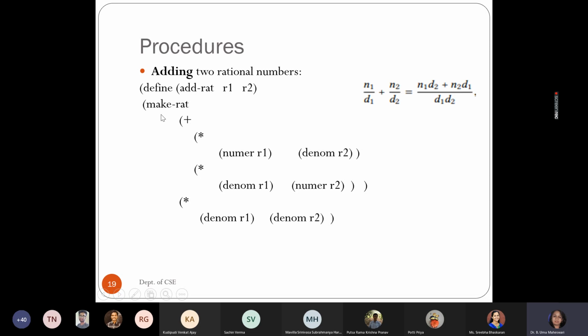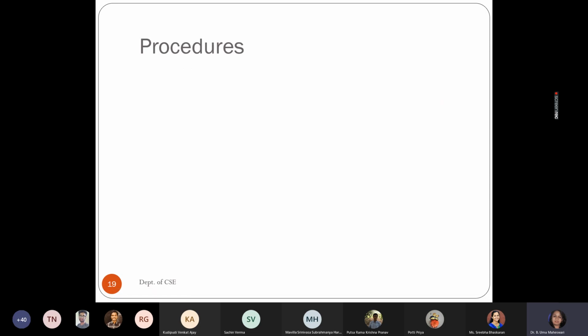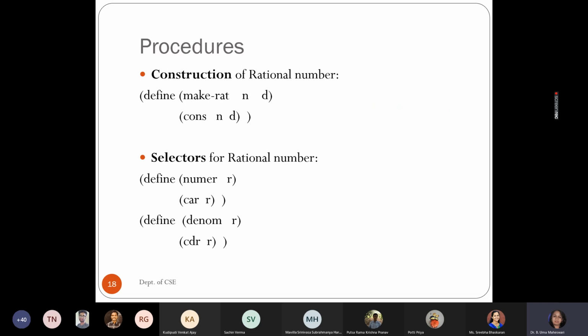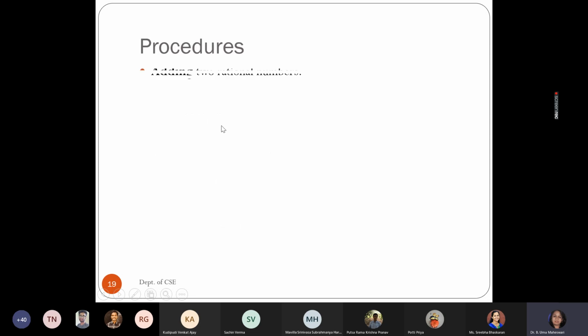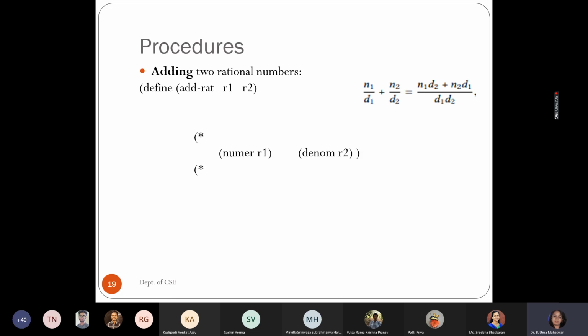If you see the procedure make-rat, what is the logic here? You are passing n and d and it will construct n and d, so you are constructing a pair, right? The same way, I'm just writing make-rat and passing two values.